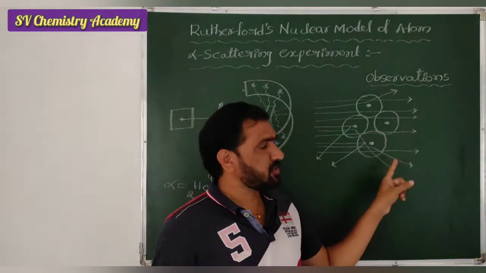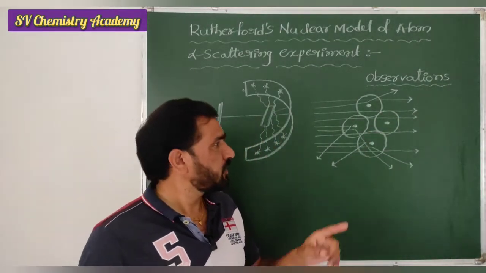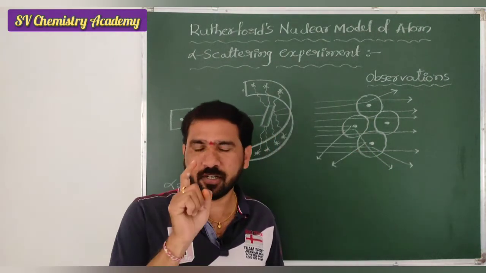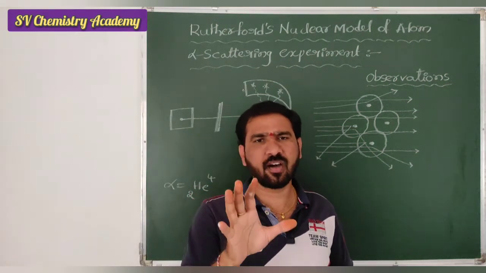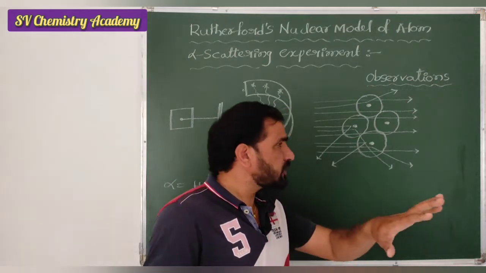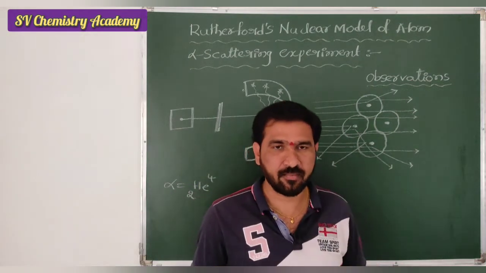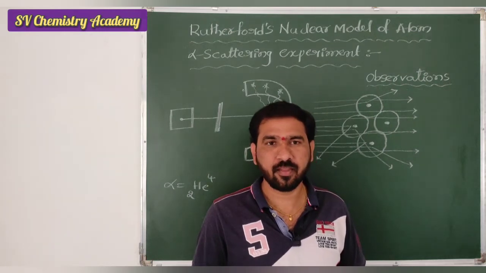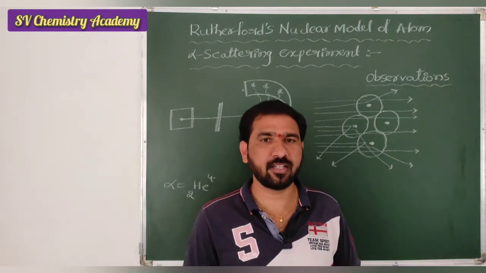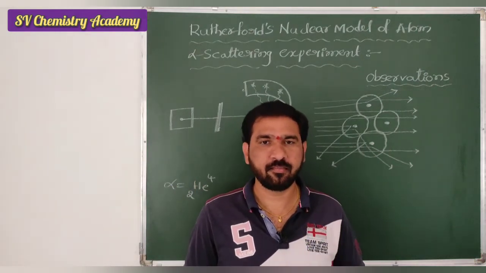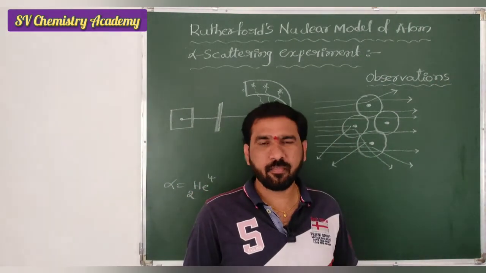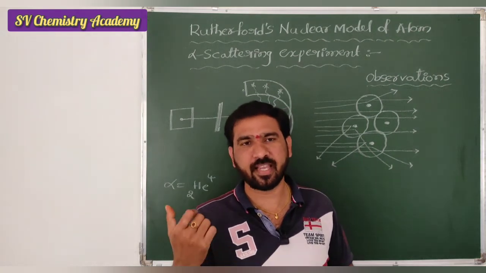Let me discuss the observations of the Rutherford model of atom. In total, we need to take 3 observations. First observation: most of the alpha particles, which have positive charge, passed through the atom without any deflection. It means most of the space of the atom was empty. Second point: a small number of alpha particles were deflected by a small angle.